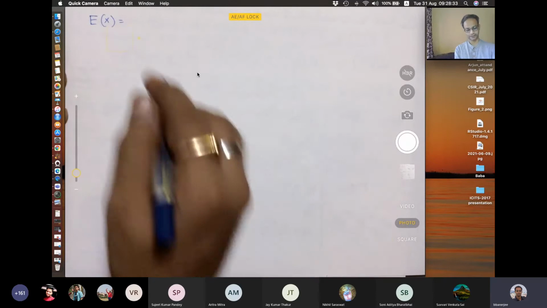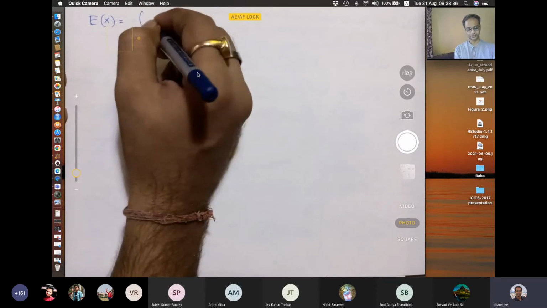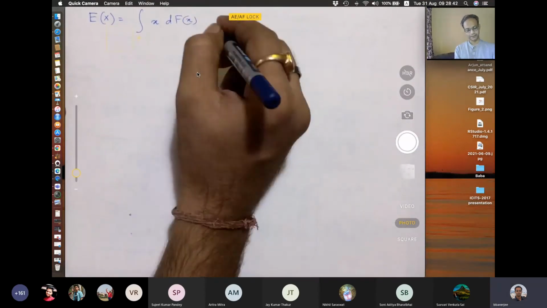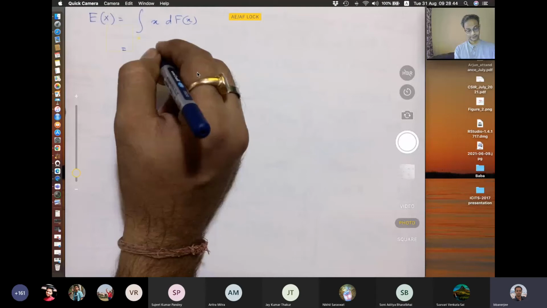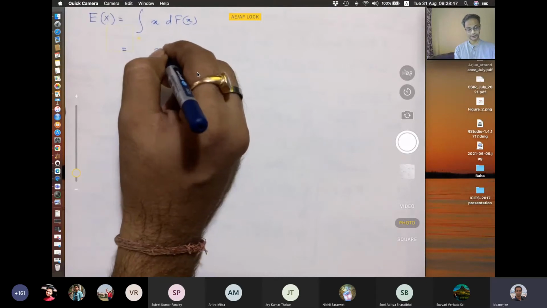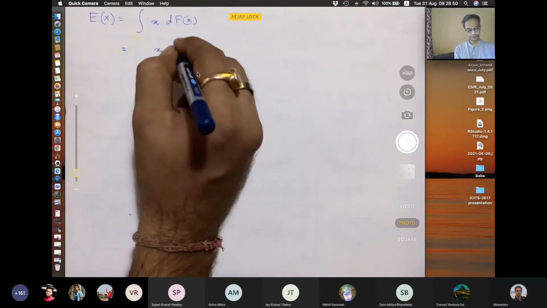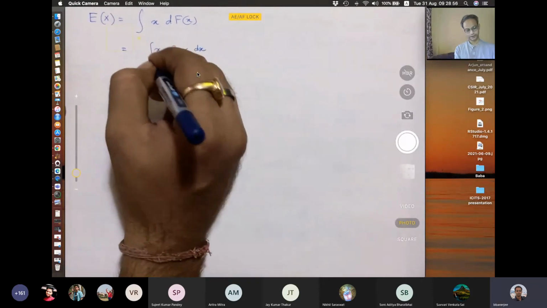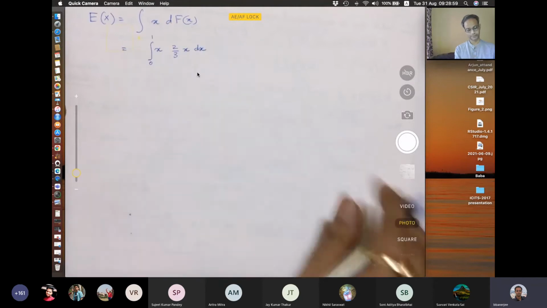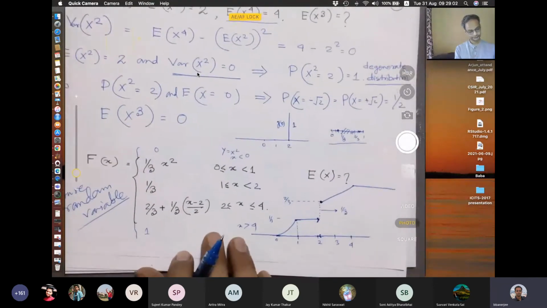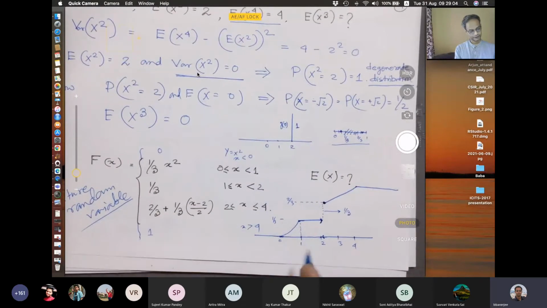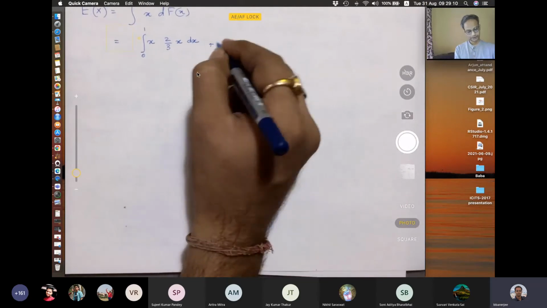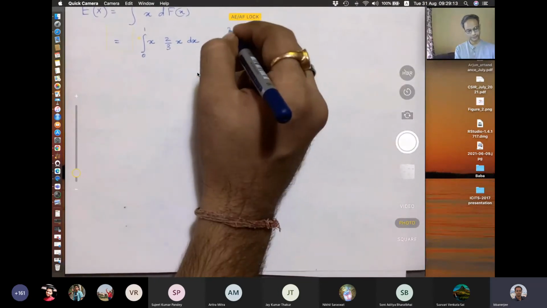Technically, writing this is correct: integration of x dF(x), and dF(x) here will split in this way. x times 2/3 x dx, integration from 0 to 1, plus integration from 1 to 2.